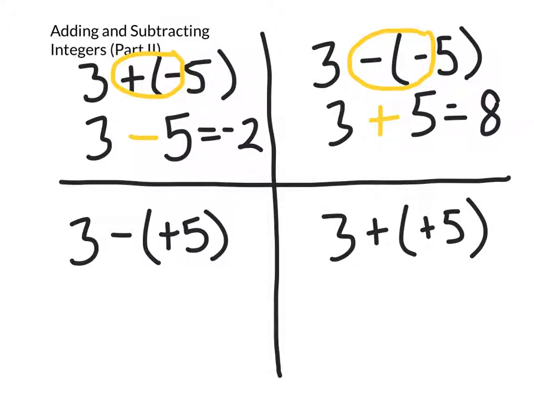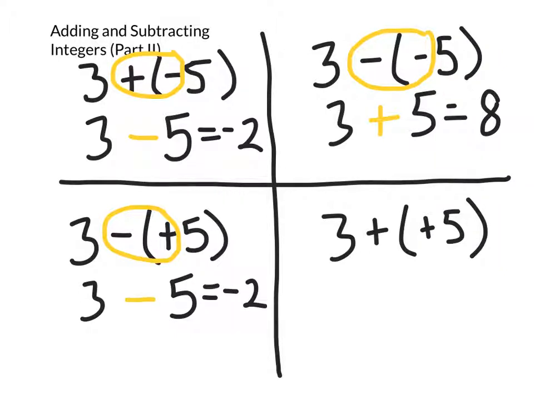The third scenario here is, once again, I have a negative and a positive symbol. That negative and positive literally translates as the opposite of a positive. The opposite of a positive is a negative, and therefore this can be written as 3 minus 5. And of course, 3 minus 5 is going to give me negative 2.